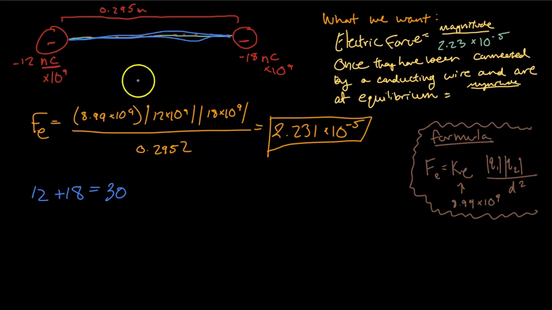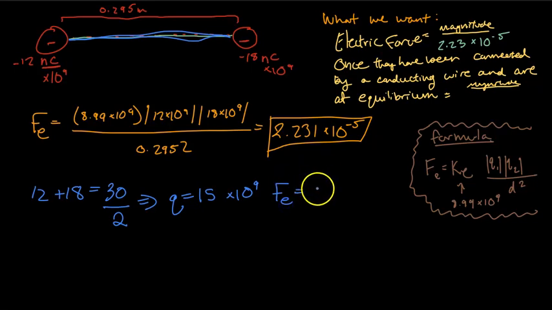And once they are at equilibrium, that means they will both have the same charge, so we gotta half that, and then we get our charge to equal 15. And then we don't forget about the nanocoulomb.